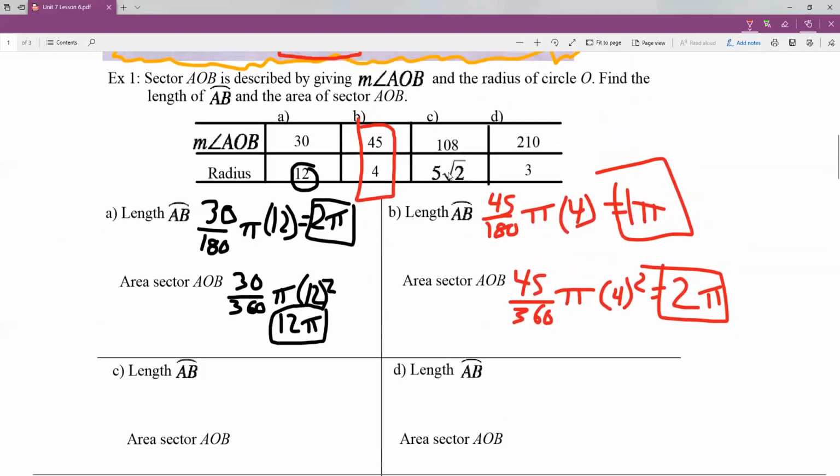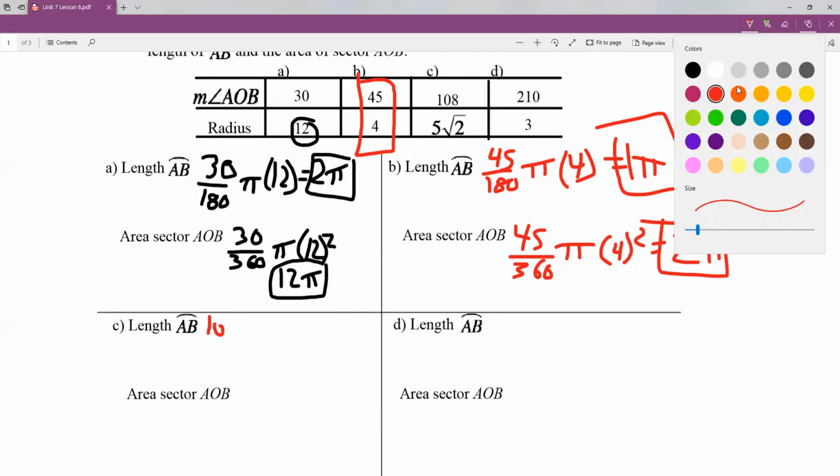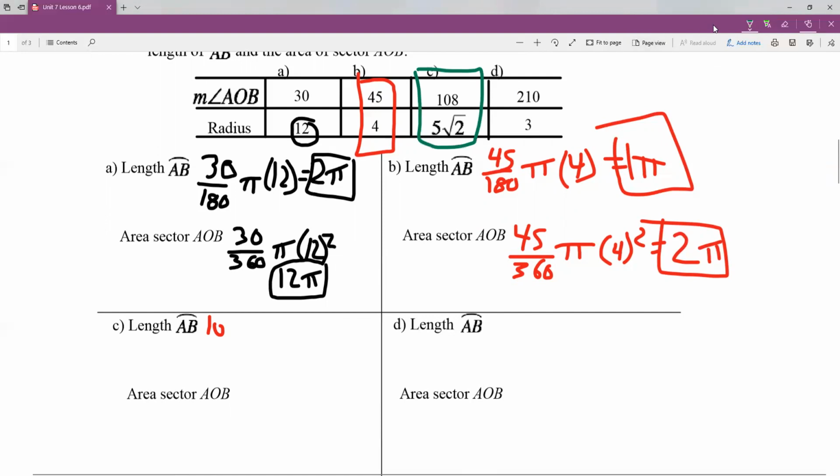So let's do C. Again, exact same process. We use a different color, green, because we're working with these numbers this time. So 108 over 180 pi r, which is 5 root 2. Ooh, this one's a little bit nasty because we have a square root, but I think we can handle it. I plug it into my calculator and get 0.6, so 3/5.